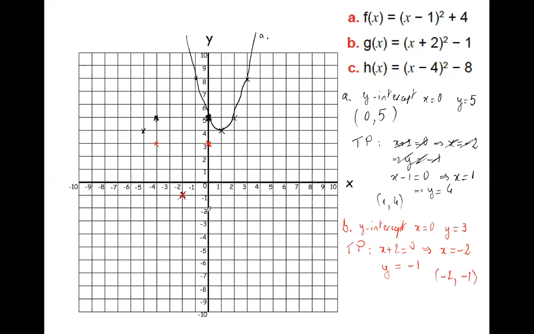I can try and find another point, point 1. So 1 plus 2 is 3, 3 squared is 9, 9 minus 1 is 8, so 1 and 8 would be my next point. And if I use the symmetry, 3 here, I would go here. We got there eventually. So that's the red curve. Okay, so that would be B.